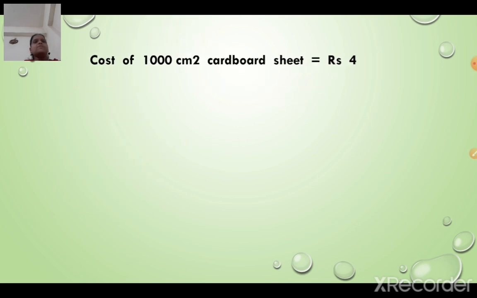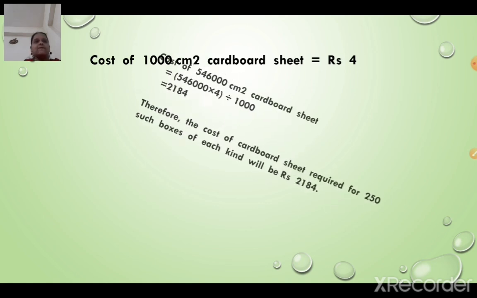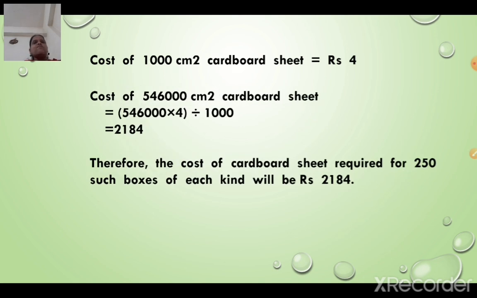Now what is given? Cost of 100 centimeter square cardboard sheet is rupees 4. Is it correct? So which is given. So the cost of 5,46,000 centimeter square cardboard sheet will be required how much? That is 5,46,000 into 4 divided by 1000, because the value is given for 1000 centimeter square, so we will divide by 1000.